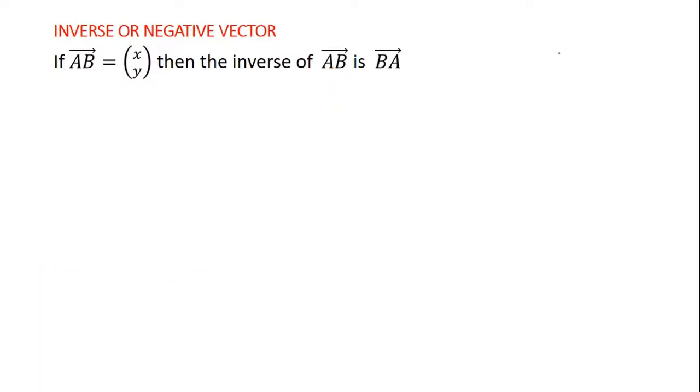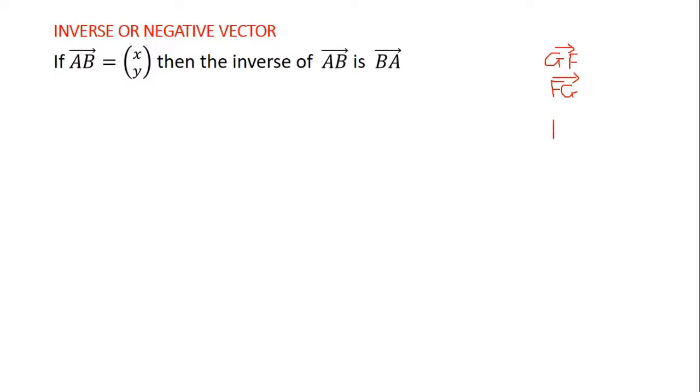Let's say we have vector GF. And we change their position. So we now have vector FG. Vector GF is the inverse of vector FG, or vector FG is the inverse of vector GF.